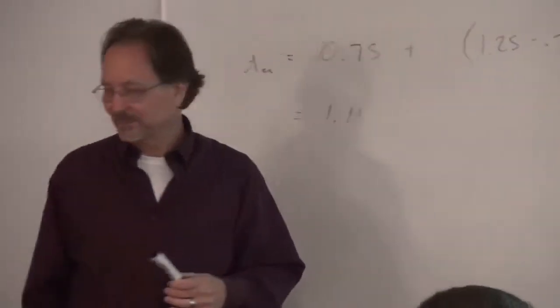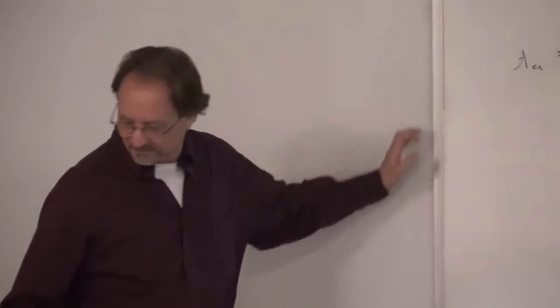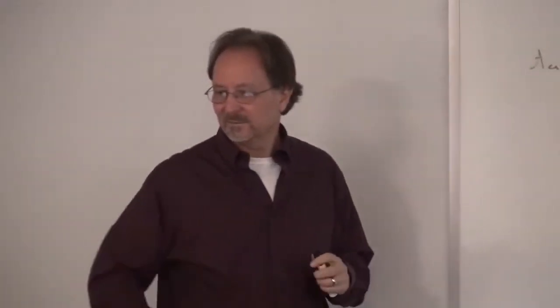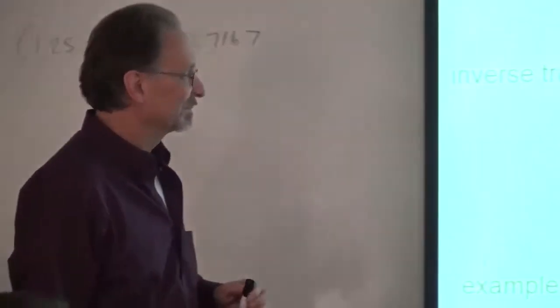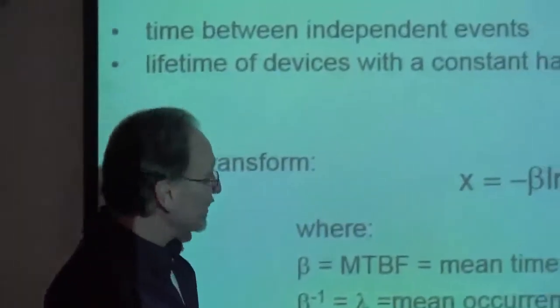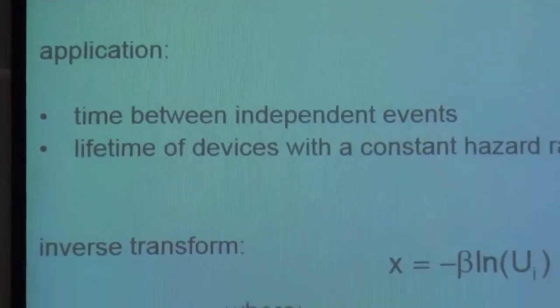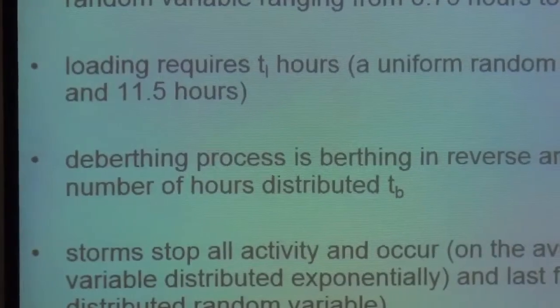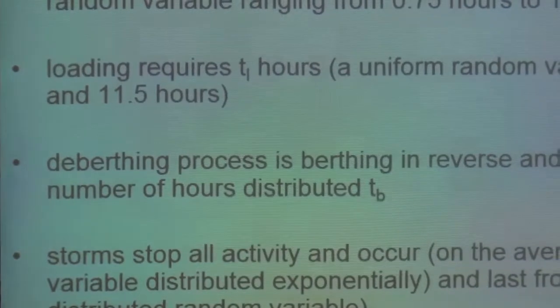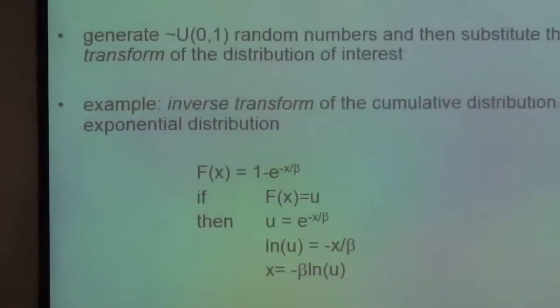Yeah, absolutely. But then on the next example, when you go to the exponential distribution, are we looking at that same time value but now being exponentially distributed? No, this is 12. Remember, that was the average time between arrivals for our tankers in the harbor. Okay, I see.